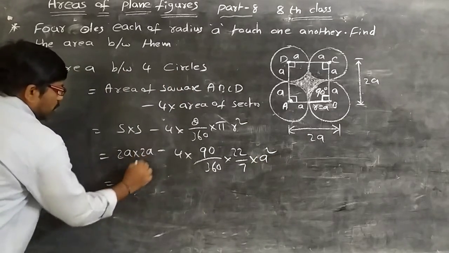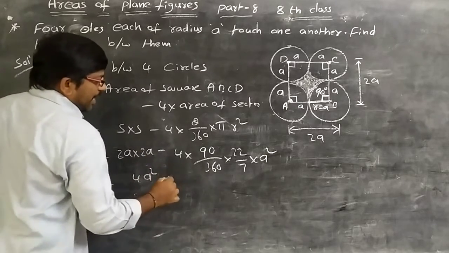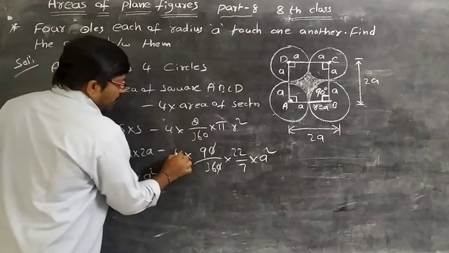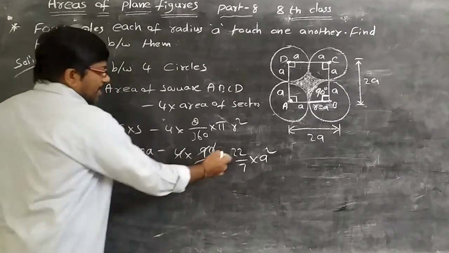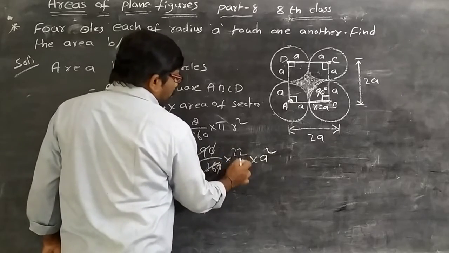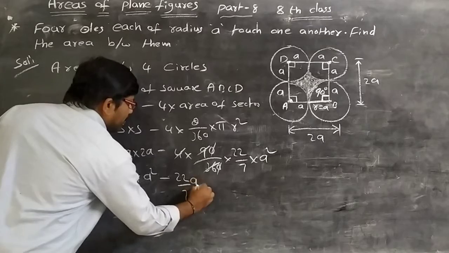2a into 2a, 2 twos are 4, a into a is a square, minus, now cancel it, 0 and 0. 4 nines are 36 and 36 get cancelled. Here the remaining is 22 by 7 a square. Right?